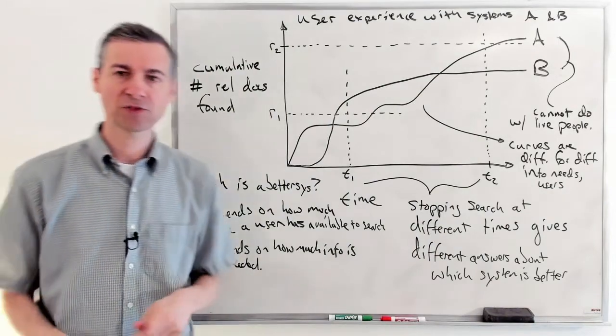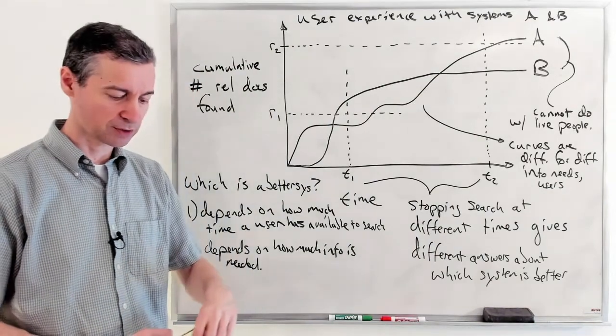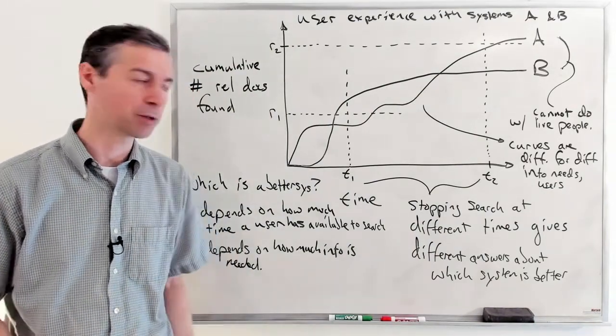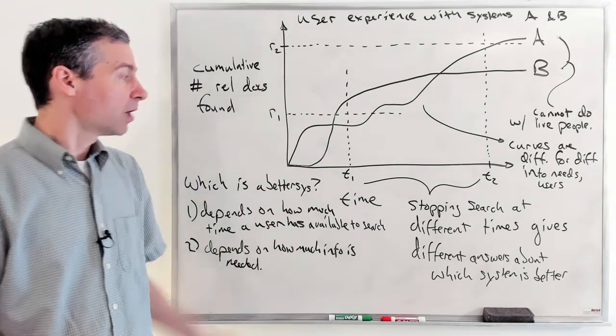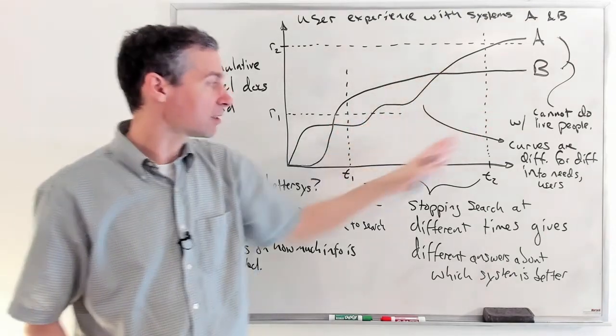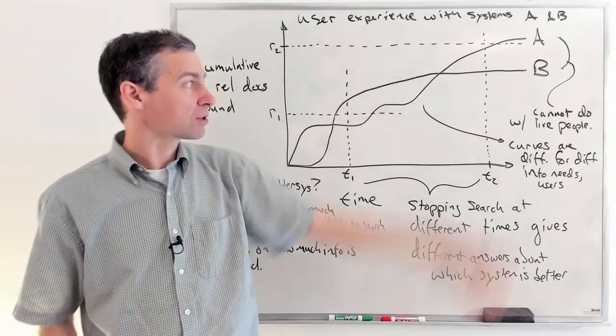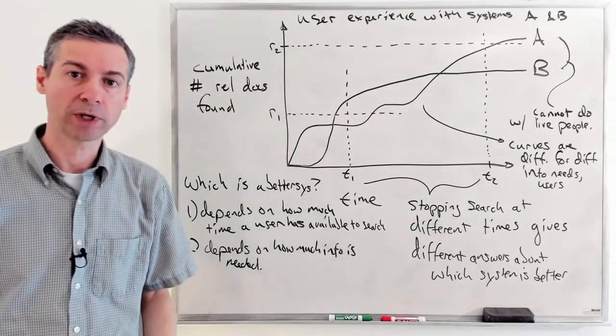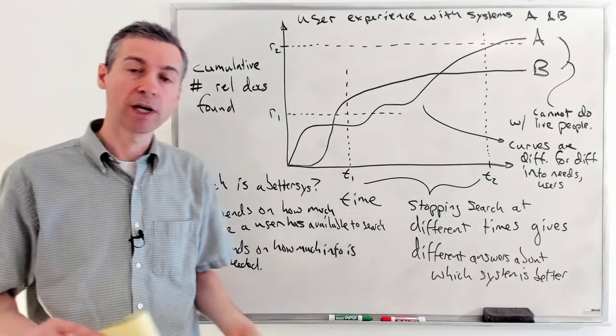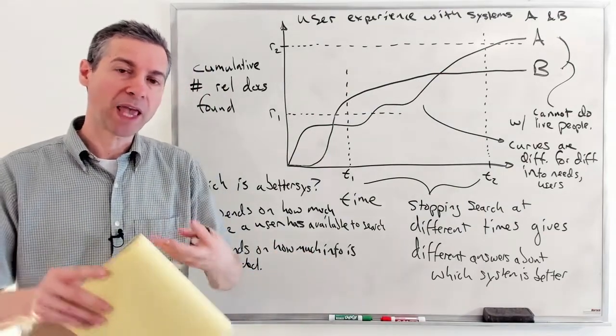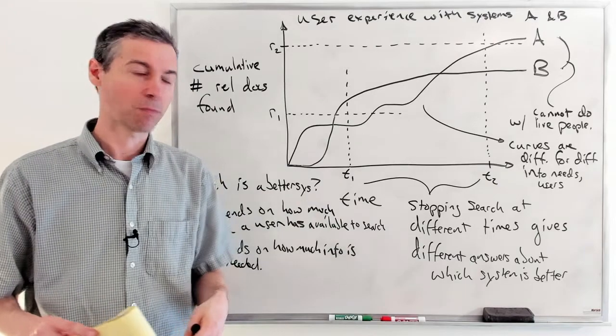Some people are much faster at processing information. Some people make more mistakes than other people. And so a curve like this is really a user's experience with the system. This is how they respond, and different people will behave differently with the system.